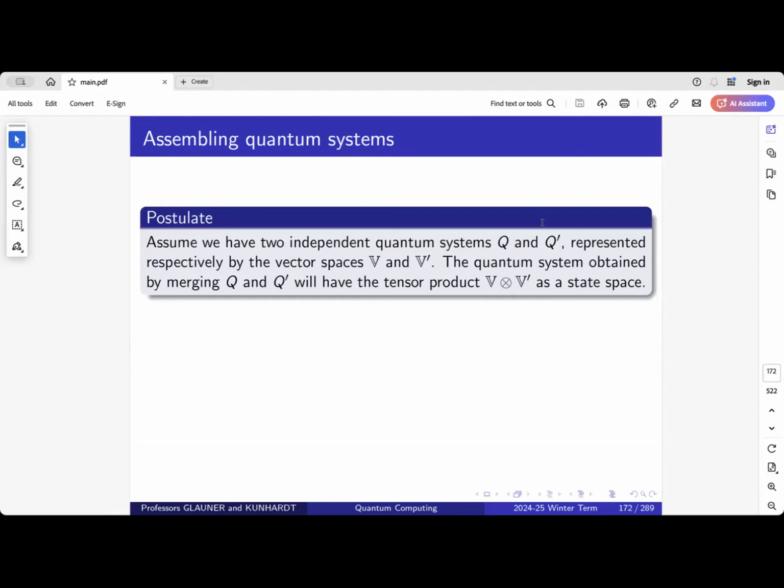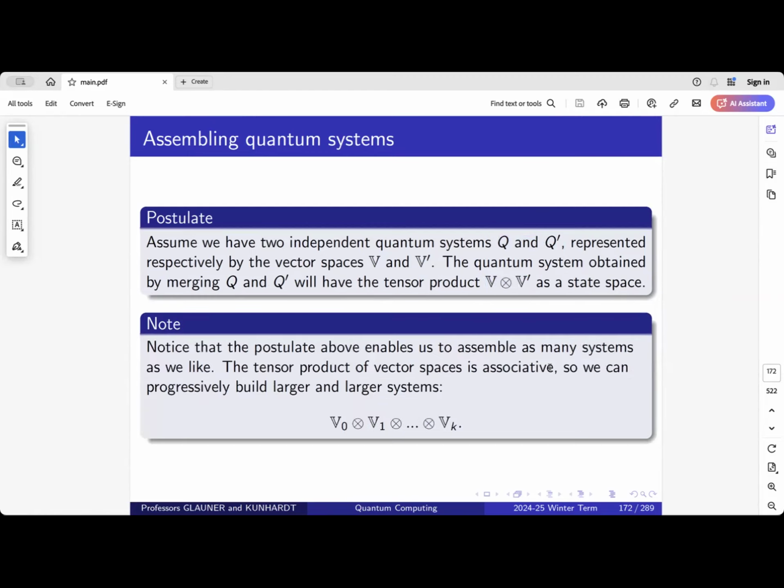Imagine we have two independent quantum systems, Q and Q prime. They can be represented by two vector spaces, V and V prime, and we want to merge them. We want to build a composite system, so we need to take the tensor product of the vector spaces. We've tried this before for probabilistic systems.